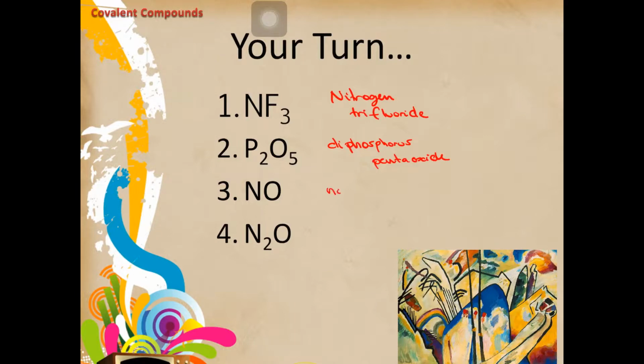We've got nitrogen oxide, or I mean all of these, there are variations to all of these, but this one's also nitrogen monoxide. And then we've got dinitrogen oxide, or even dinitrogen monoxide. Great, how'd you go?